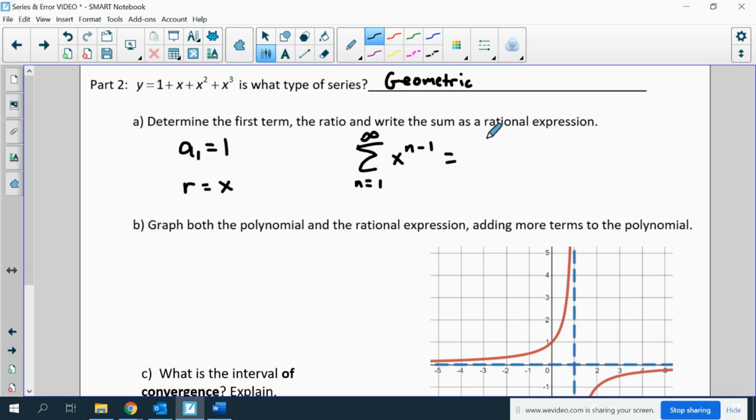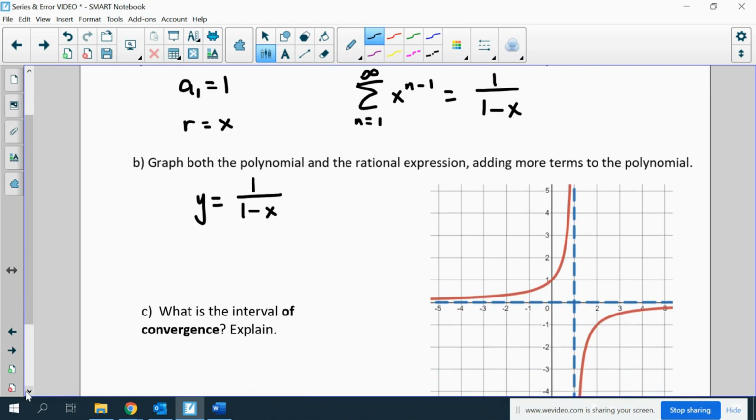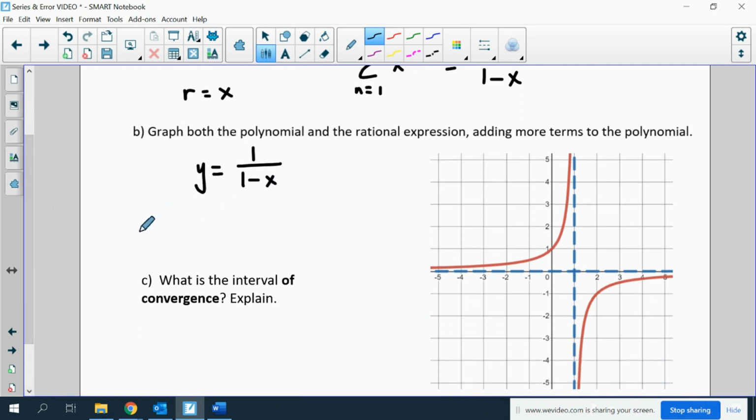If we wrote that as a rational expression, that's a1 over 1 minus r, so that's 1 over 1 minus x. So what I can do is graph 1 over 1 minus x, and this should mimic what happens when I have this series, because we're claiming they're the same thing, right?